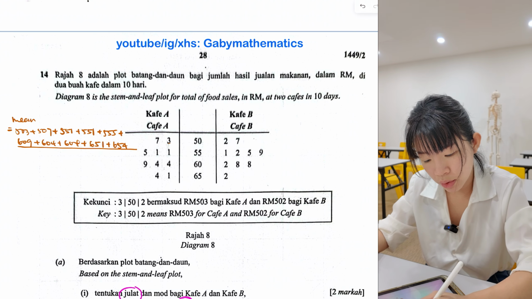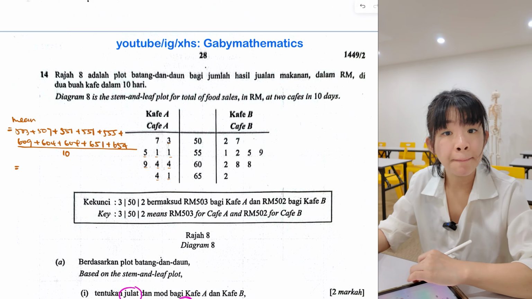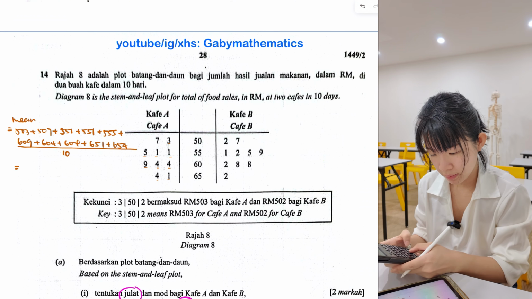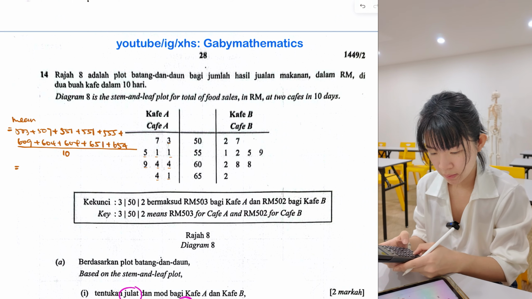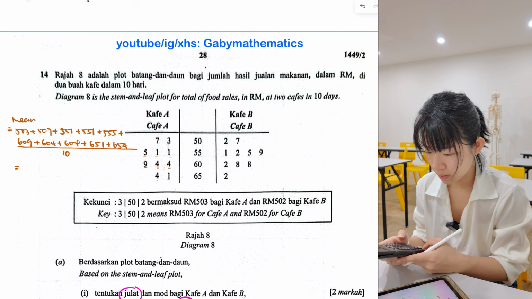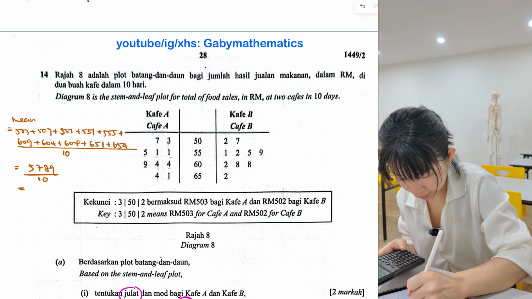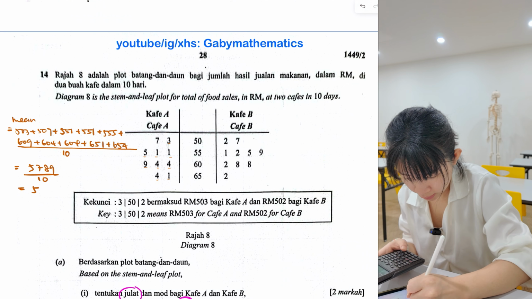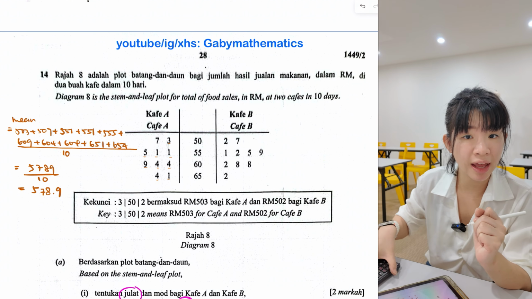So we have 1, 2, 3, 4, 5, 6, 7, 8, 9, 10. Okay, 10. Let's find the mean. 5,789 divided by 10. So we get 578.9. So that's the mean for cafe A.